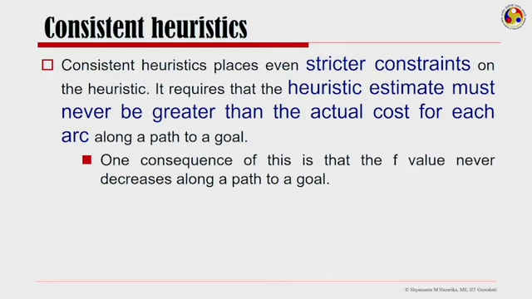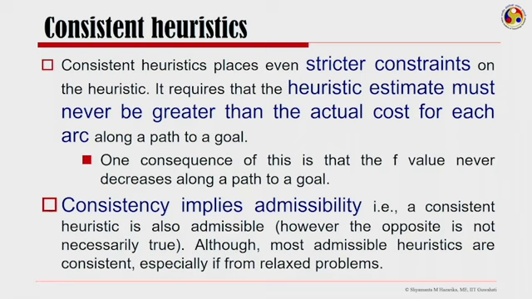One consequence of this is that the final value that I compute for a node never decreases along a path to the goal. Consistency therefore implies admissibility. That is, a consistent heuristic is also admissible. However, the opposite is not necessarily true. Most admissible heuristics are consistent, especially if they come from relaxed problems.